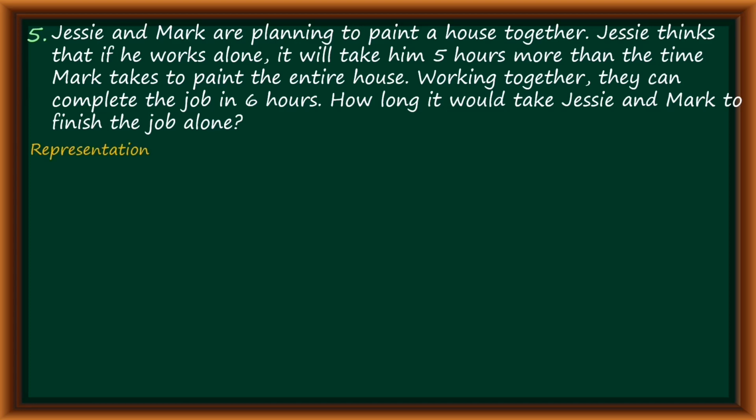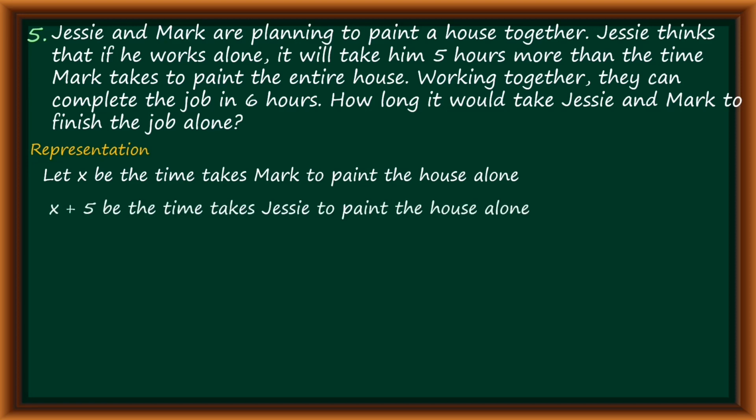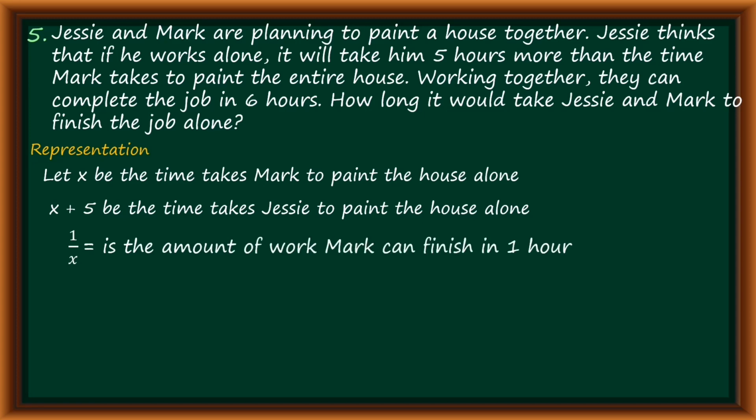Let us have the representation. Let x be the time it takes Mark to paint the house alone. x plus 5 be the time it takes Jessie to paint the house alone. From here, we have 1 over x as the amount of work Mark can finish in 1 hour.